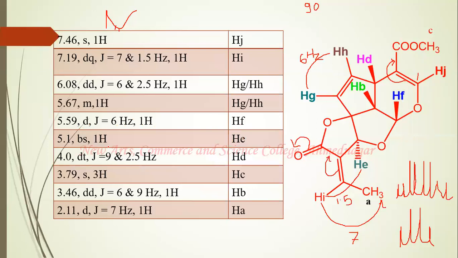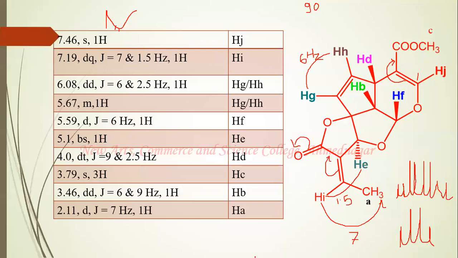5.1 broad singlet, one proton signal is there. If you look at these D, B and E protons, the E proton carbon atom is attached to oxygen, so this must be the next deshielded proton. So E shows me the broad singlet. The reason for this is that He couples with Hi, allylic coupling is there, and the signal gets broadened instead of showing the splitting.